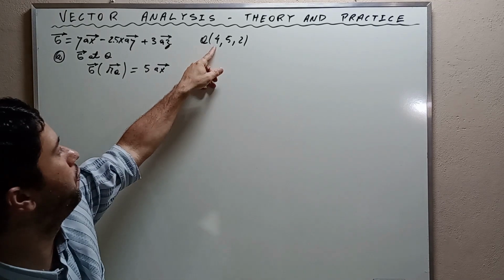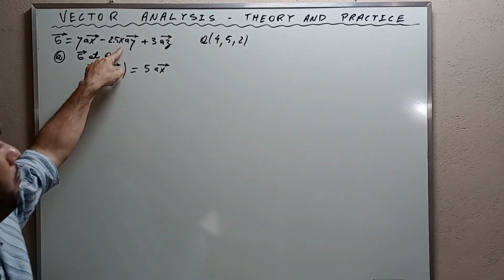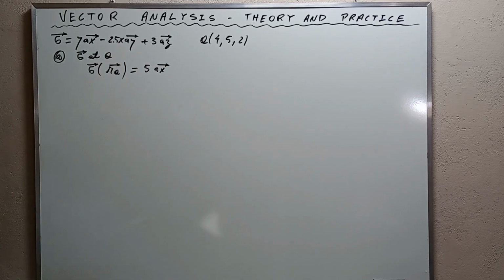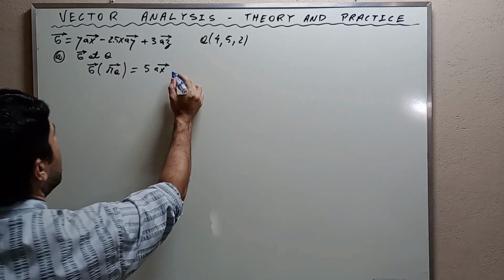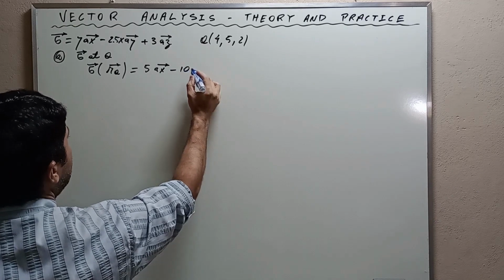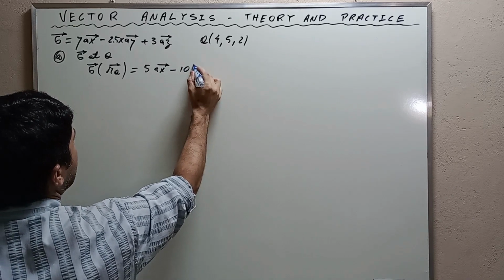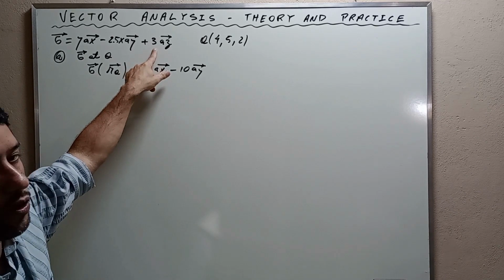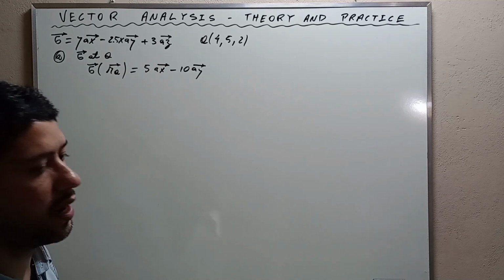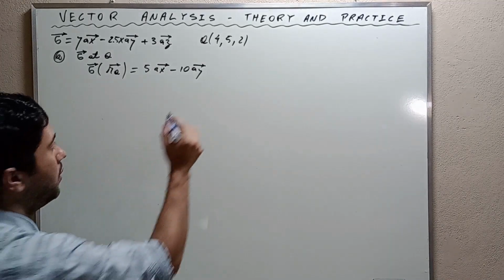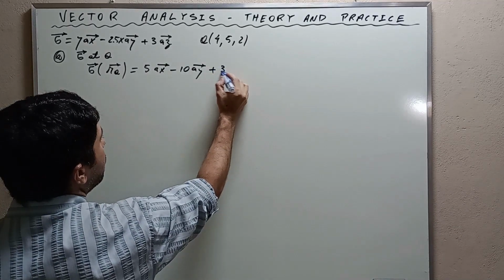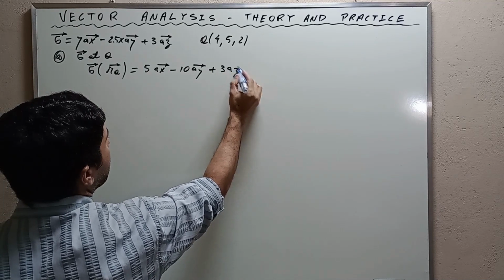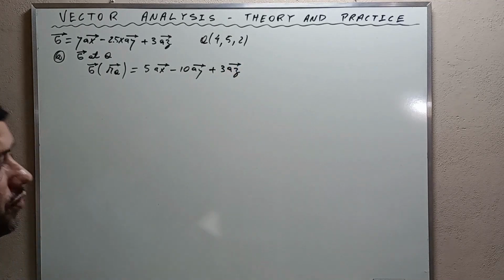We put 4 here in the place of x, and it produces a negative 10 in the y direction, and 3 is a constant here in the z direction. Then it is simply 3 in the z direction.